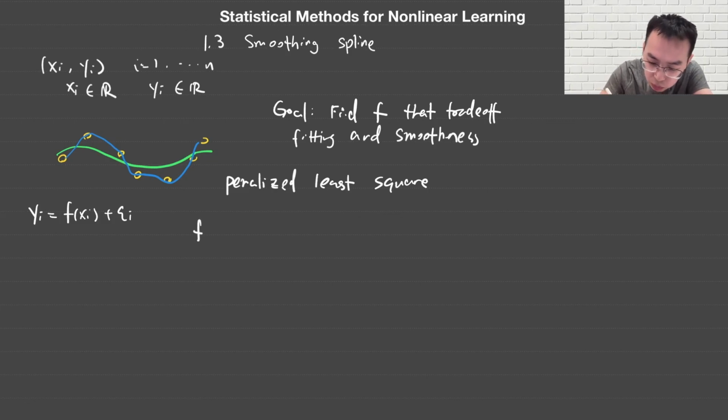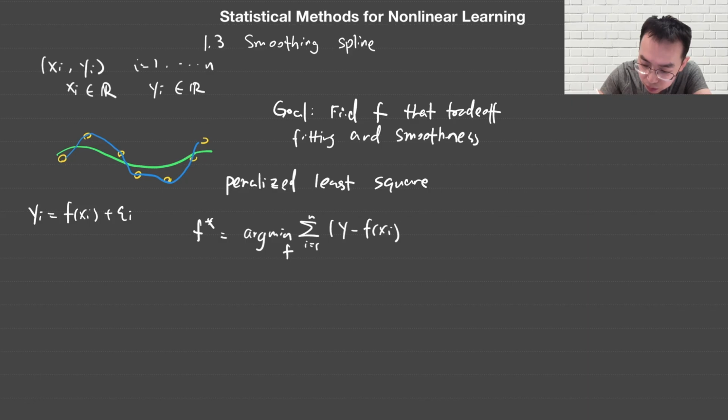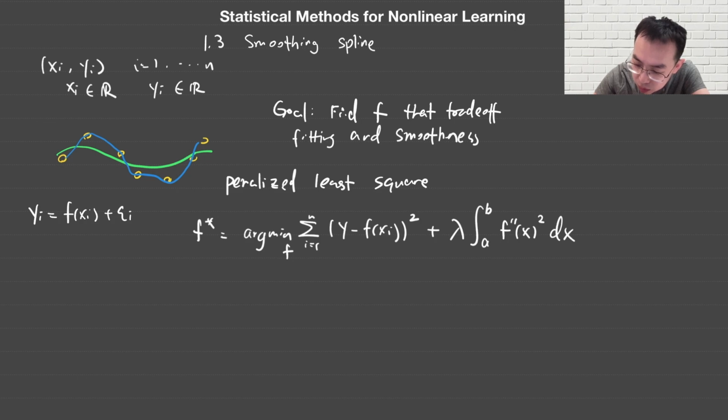And the penalized least square is going to be something like this: f star equals argmin over f of the summation i from 1 to n of (yi minus f of xi) squared, plus lambda times the integral of f double prime of x squared dx.